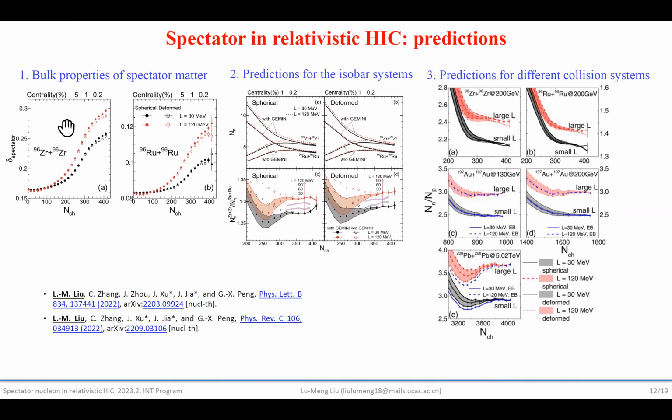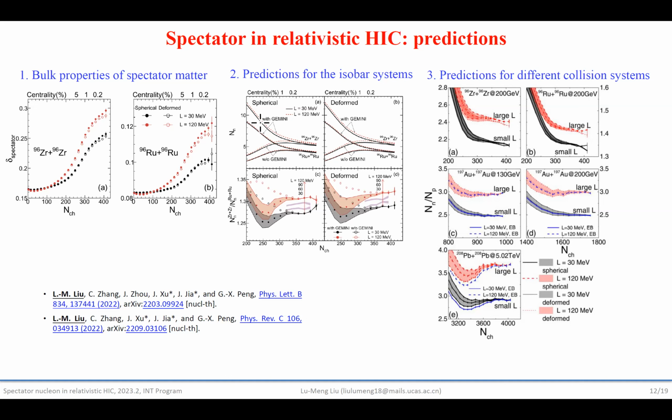This is the isospin asymmetry of the spectator matter of zirconium and ruthenium collision as a function of N charge. And the red one represents the large L and the neutron skin thickness. It is clear to see that the isospin effect is greatest in ultracentral collision, which is consistent with the previous analysis.